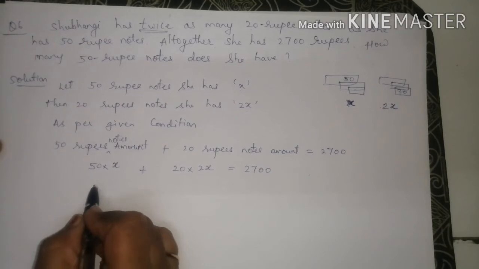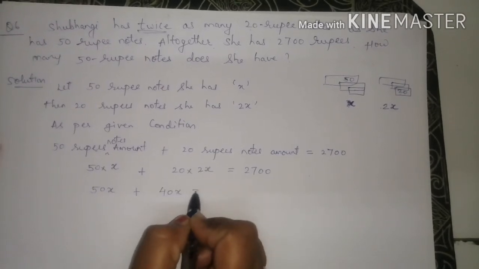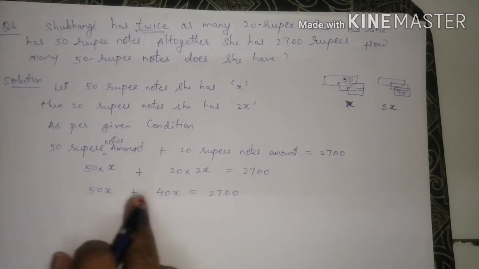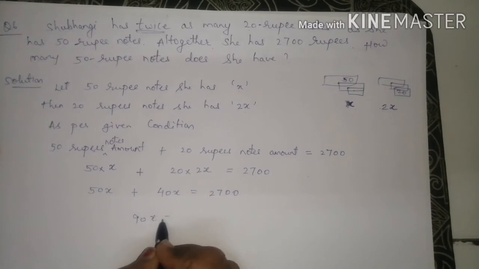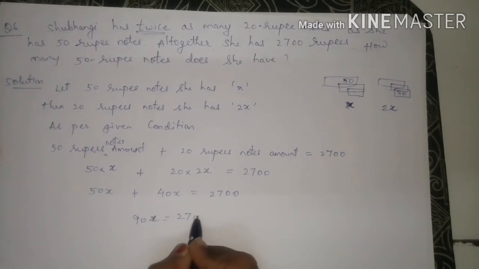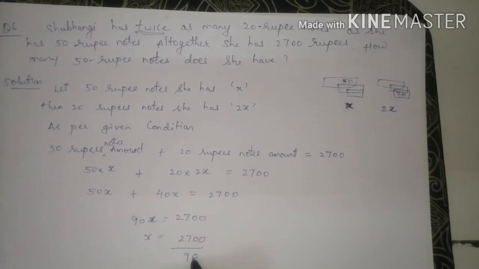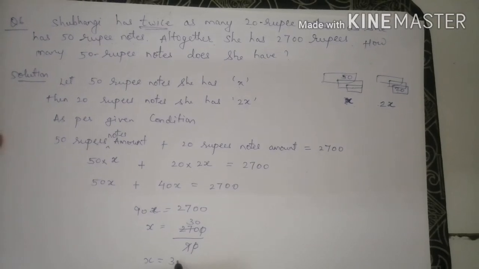So 50 into X is 50x plus 20 into 2 is 40x equals 2700. So 50 plus 40, they are like terms. So 50 plus 40 is 90, and 90x is equal to 2700. So x is equal to 2700 divided by 90. 9 3s are 27 and 0. So x is equal to 30.